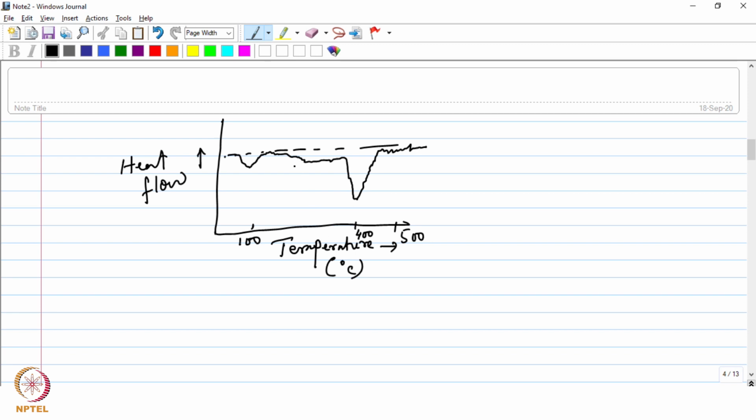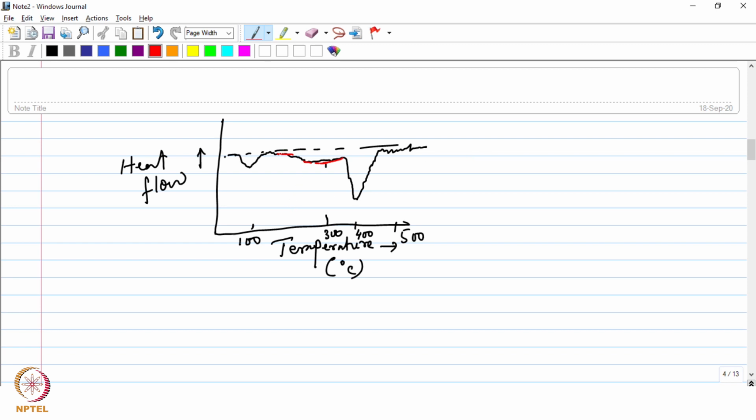So at the lower temperature, up to about 300 degrees or so, you can see that there is a broad exothermic peak, right, at this portion over here. Okay. So this is indicative of release of energy or release of heat. As I said, the energy will be released in the form of heat.